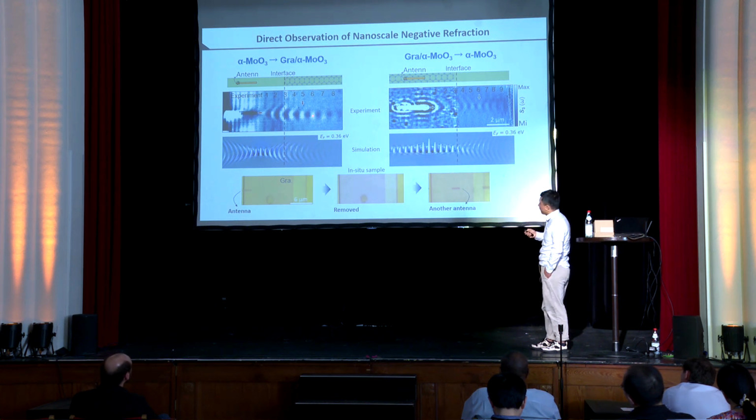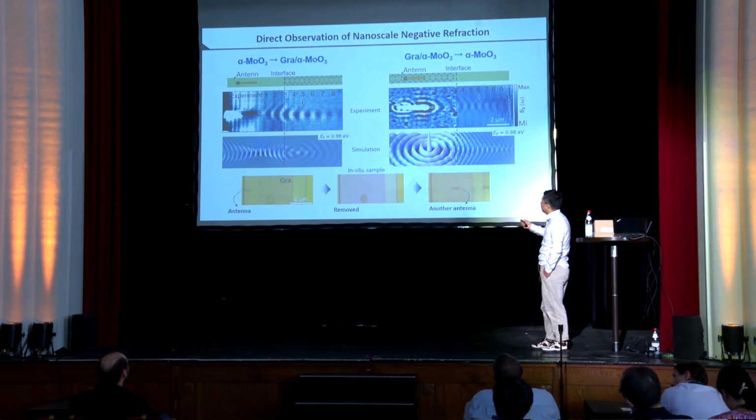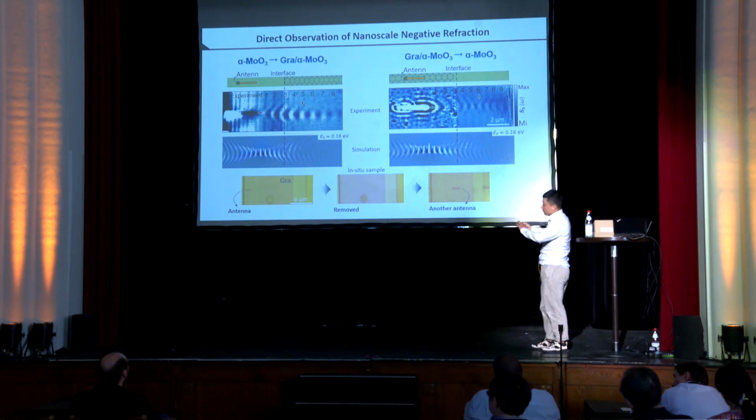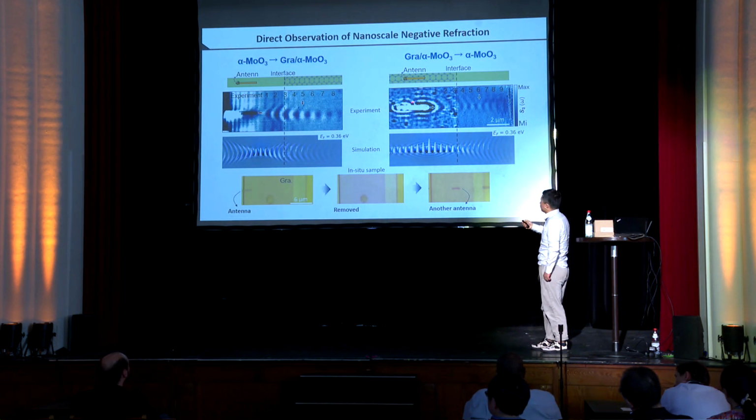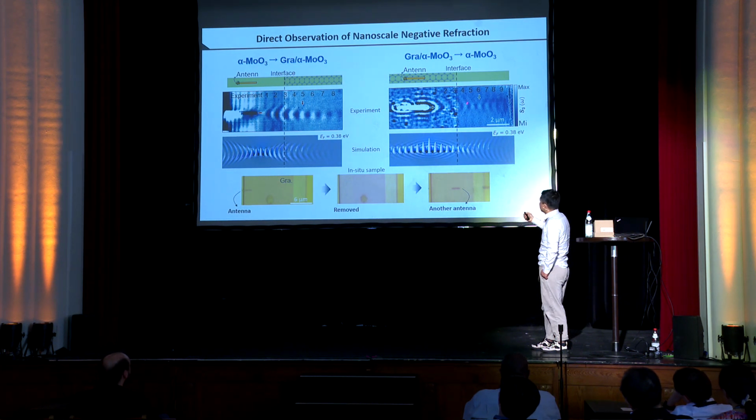And after this, we remove this antenna and fabricate a new antenna on the right part, I mean the graphene part, and flip the structure design, okay? And you see the antenna launches circular waves and also focuses after going through this graphene boundary, right? And the focus is in a hyperbolic way, right?